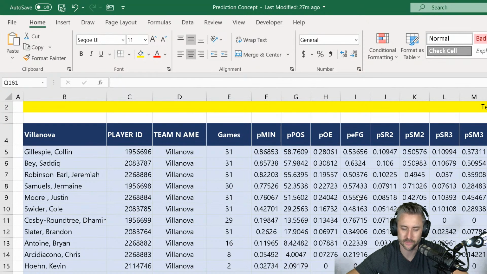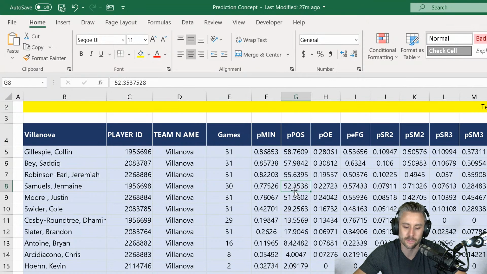And these stats try to measure the same thing as the team stats do. For example, what would Colin Gillespie's stats be against Appalachian State on a per possession basis, right? But there are some stats on here that weren't included in the team stats, like percentage of minutes, the percentage of minutes played in games they played.